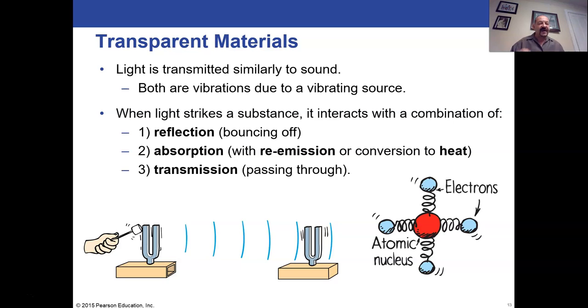But you can also have light being absorbed by the matter, and so it might be absorbed by the electrons. So when we say this, we're talking about photons of light, particles of light, little packages of light we'll call photons. And like I said, you can think of light as waves, or you can think of it as particles. In this case, it's easier to think of it as particles. So the particles come to the electron, and if they match that energy of the electron, the natural frequency that the electron likes to vibrate, it'll interact with the electron.